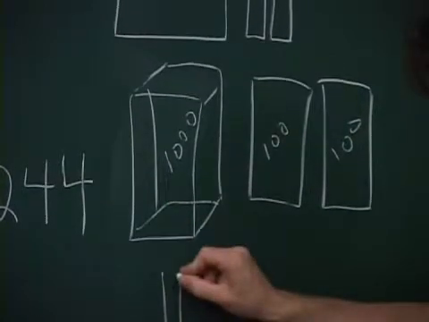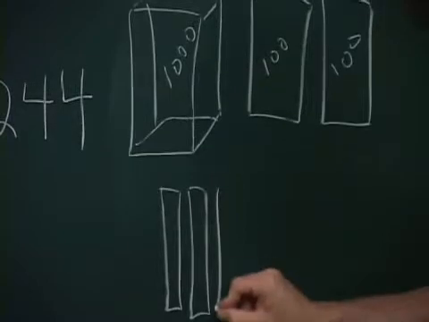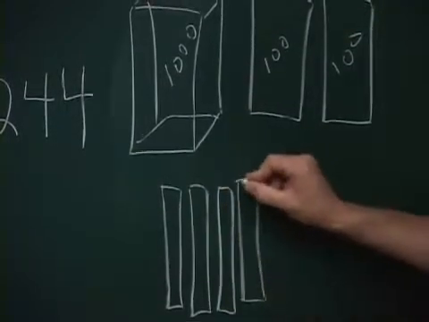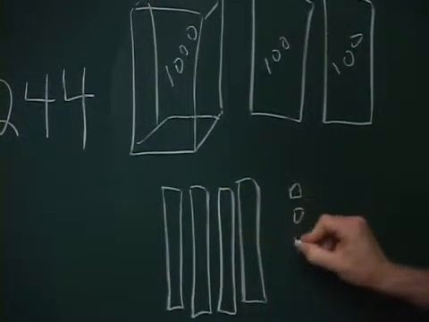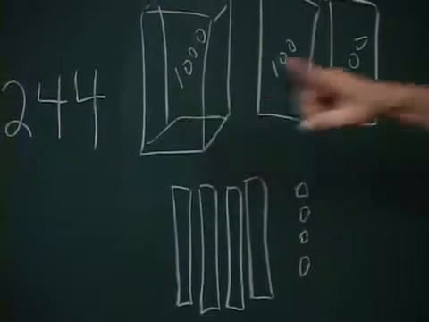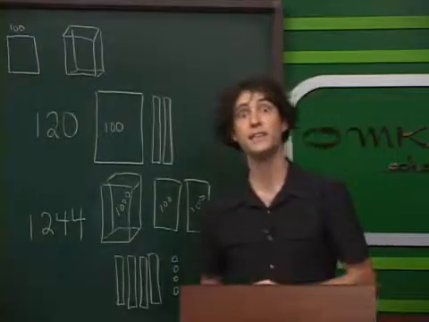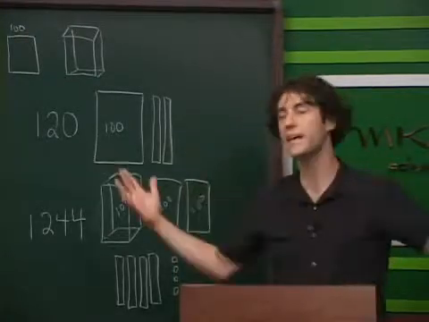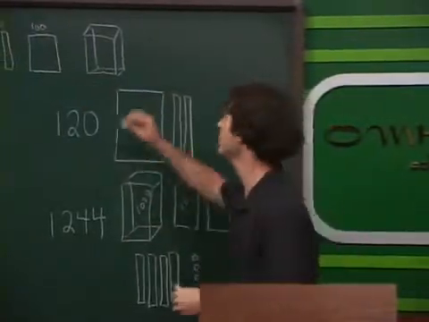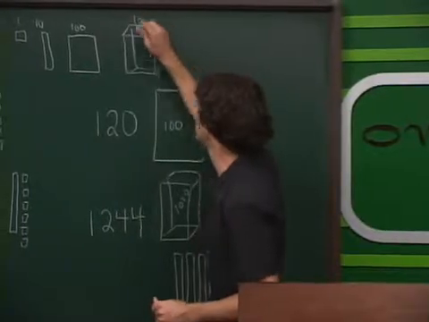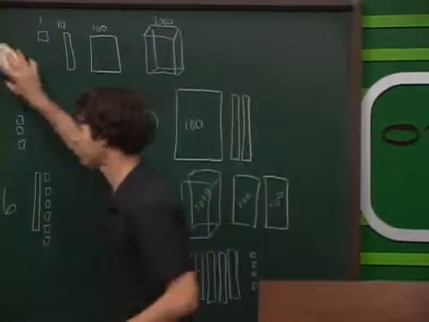So 4 lines, which is 40, and 4 little squares. 1,244. That's very easy. It's better to use the biggest kind of model you can because it makes it much easier.